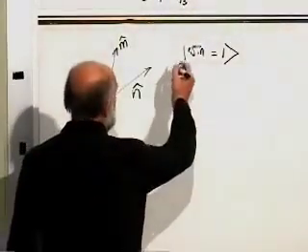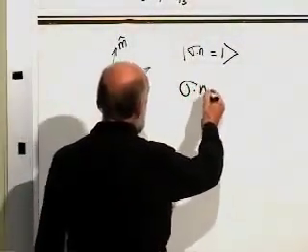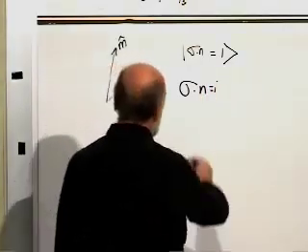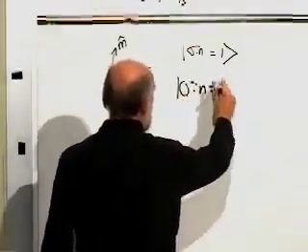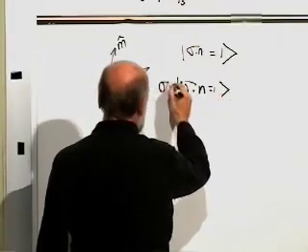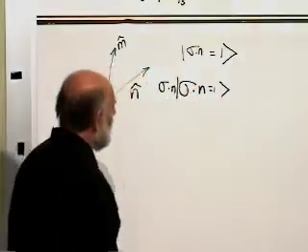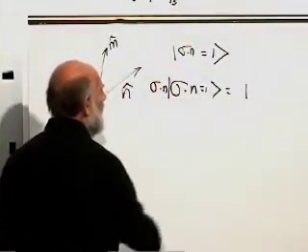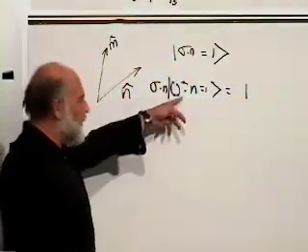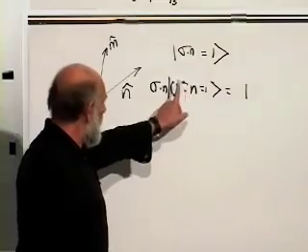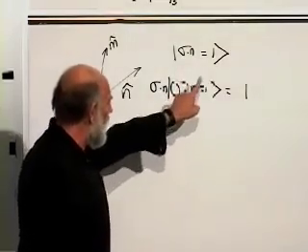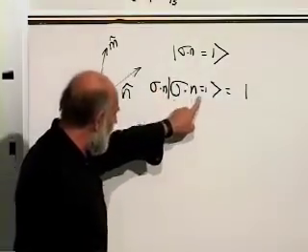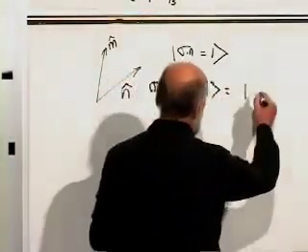It satisfies that if you apply sigma dot n to it, you just get the same vector back. This whole elaborate thing here is just a statement that I'm talking about the eigenvector of sigma dot n with eigenvalue +1. If I apply sigma dot n to such an eigenvector, I just get 1 times the same vector.